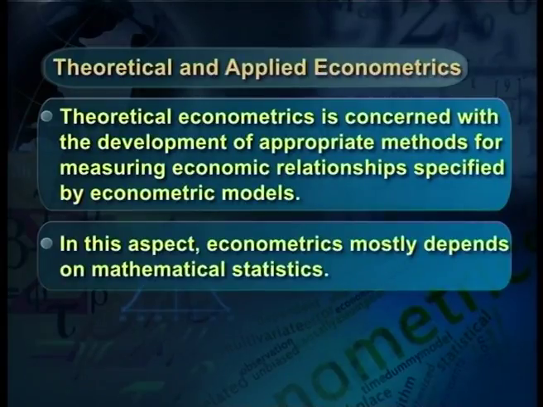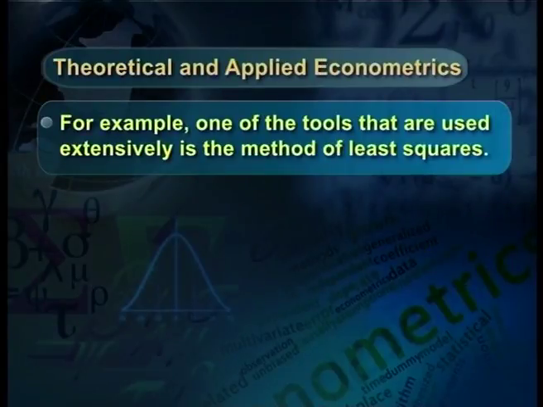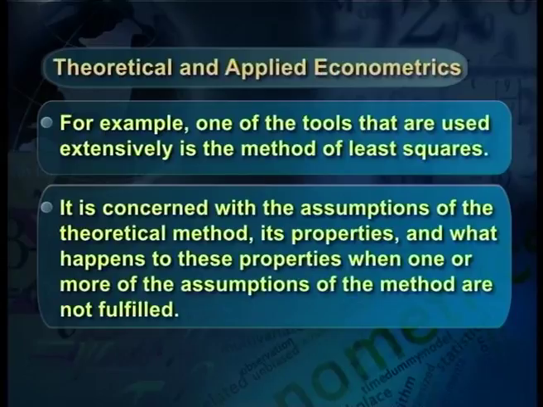In this aspect, econometrics mostly depends on mathematical statistics. For example, one of the tools that is used extensively is the method of least squares. It is concerned with the assumptions of the theoretical method, its properties, and what happens to these properties when one or more of the assumptions of the method are violated. So, this is about theoretical econometrics.